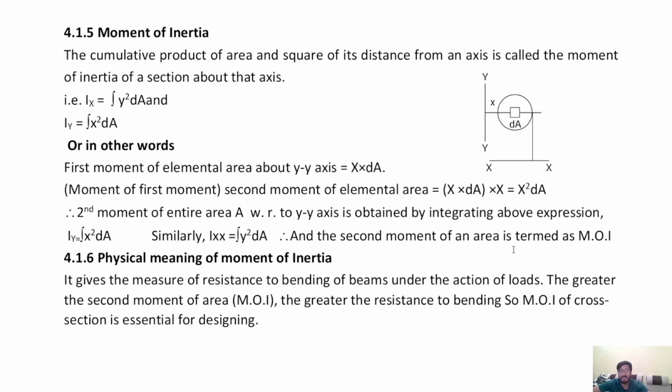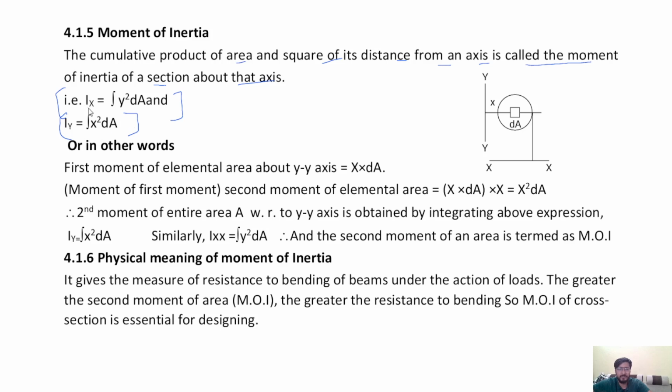By the basic definition of moment of inertia, the cumulative product of area and square of its distance from an axis is called the moment of inertia of a section about that axis. That means Ix equals integration of y squared dA and Iy equals integration of x squared dA.